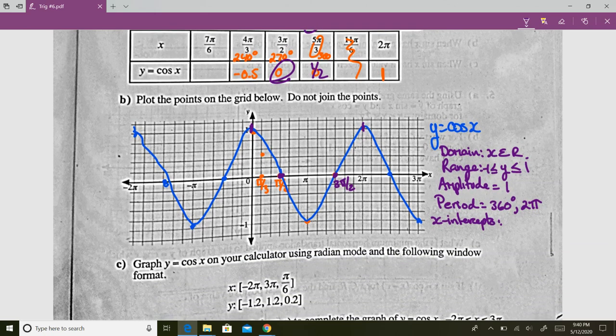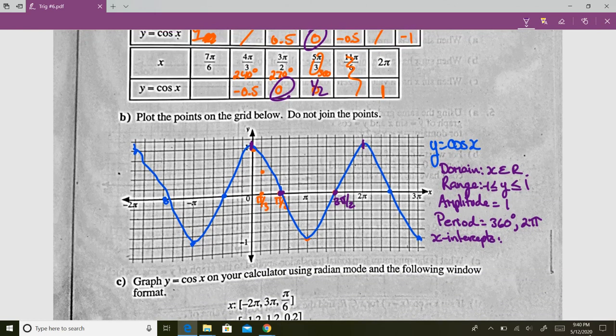The x-intercepts are, I'm just going to do them in degrees, 90 and 270. I will summarize this at the end of this lesson. And the y-intercept is 1. Okay, that is the cosine graph.